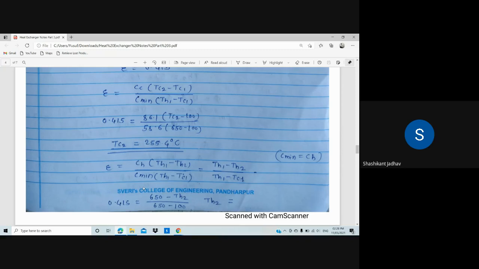Okay, so Tc2 we get the value as 255.4 degrees Celsius, and do the calculation for the Th2 and put that answer in the chat box. What is the answer for the Th2?